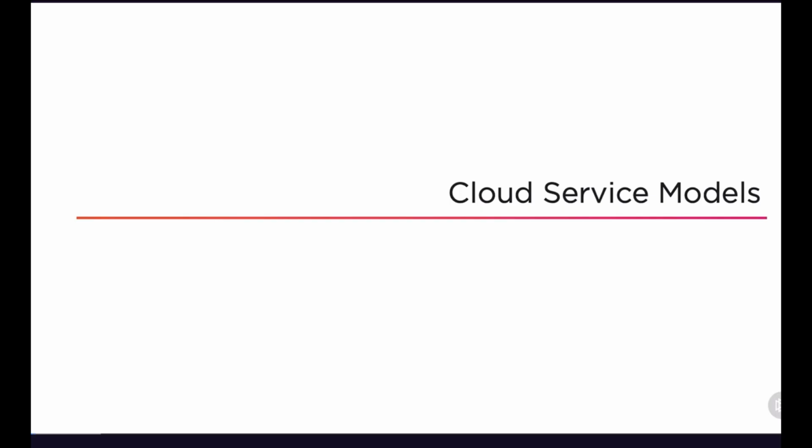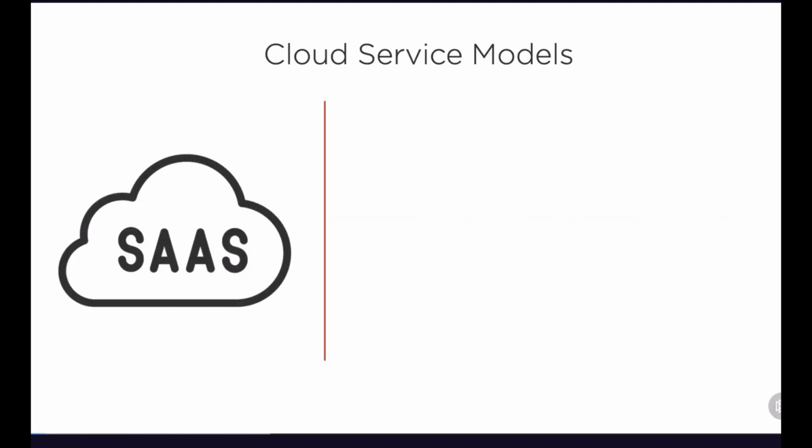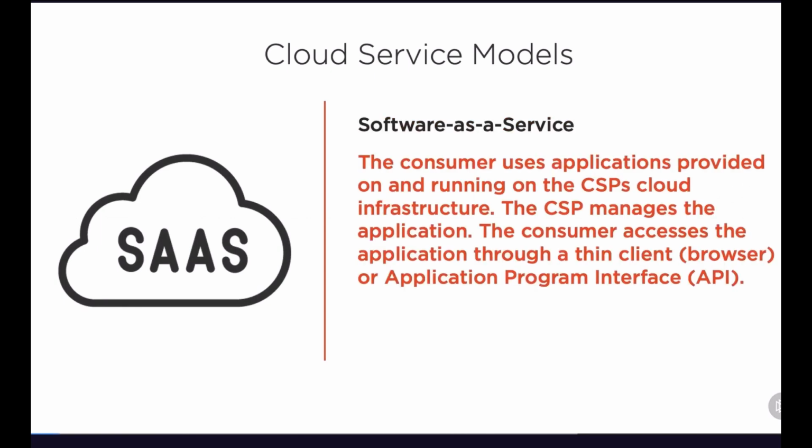Let's look a little more in depth at the various cloud service models. Software as a service is something we're all really very familiar with, where, for example, a consumer uses applications provided on and running on the cloud service provider's cloud infrastructure.